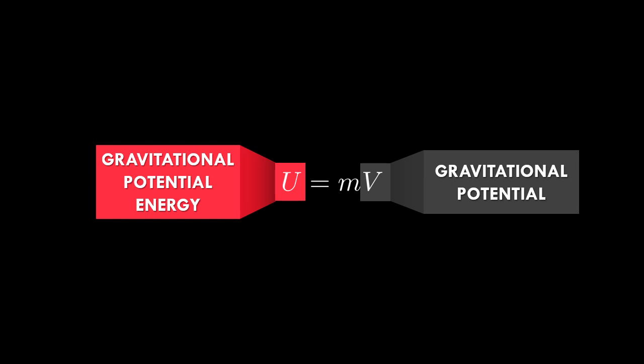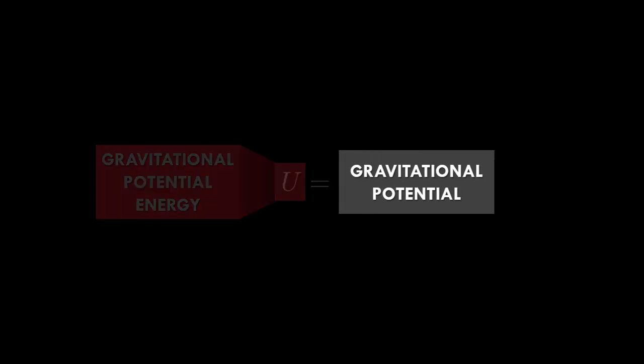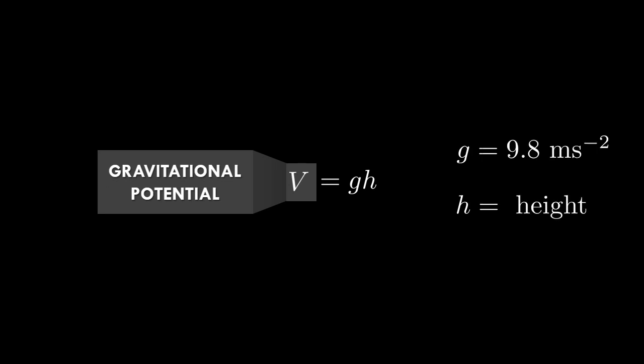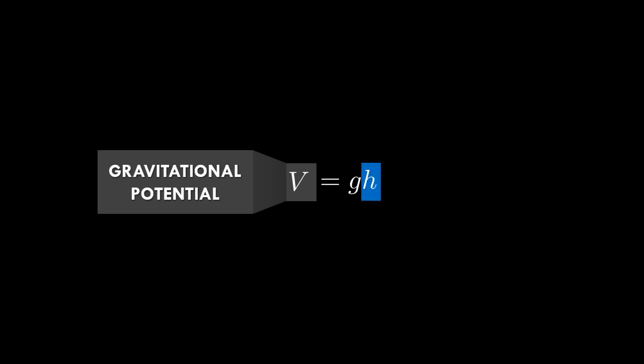Remember, since potential energy U is dependent on what you take as reference height, gravitational potential V also depends on reference. From gravitational potential's definition V equals gh, g is a constant, so we can specify a potential for every single height.